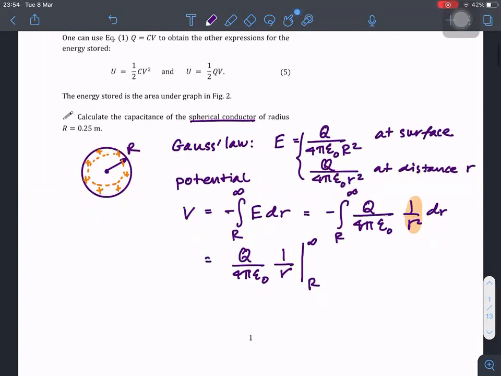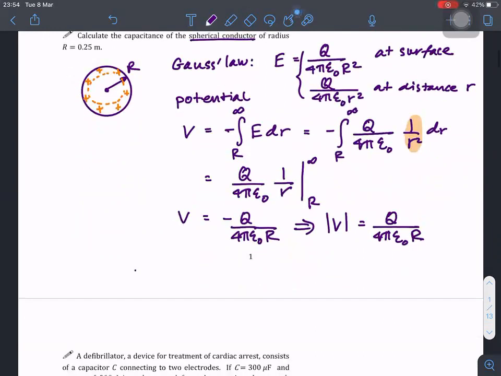And then you find that V would be equal to minus Q over 4 pi epsilon 0 r, or the absolute value of V is Q over 4 pi epsilon 0 r.